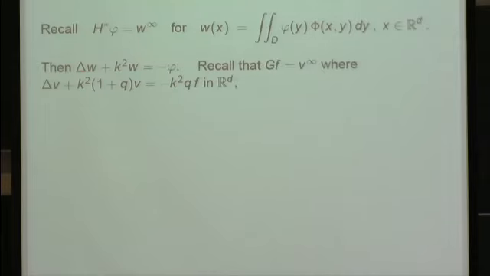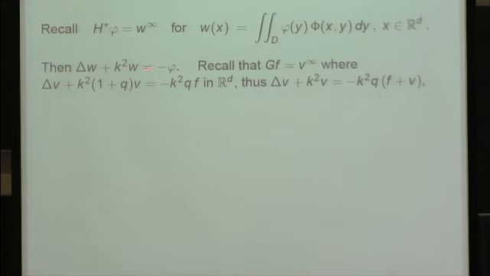Now we recall what was G. Gf was V infinity, where V satisfied this equation, right? Now we put V, the perturbation, here on the other side. So this equation is the same as this equation. We just put this term on the other side. Okay, now we compare this and that.